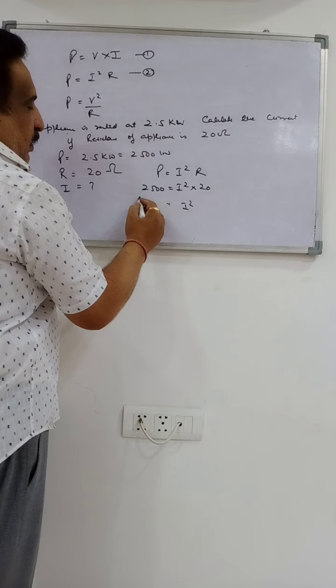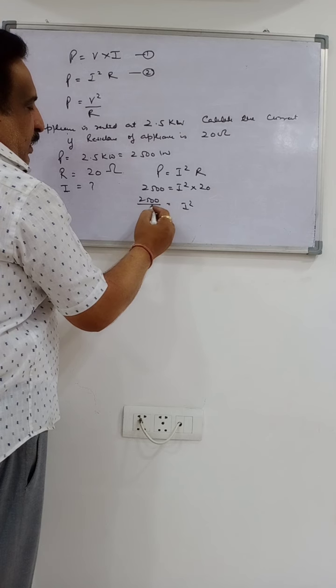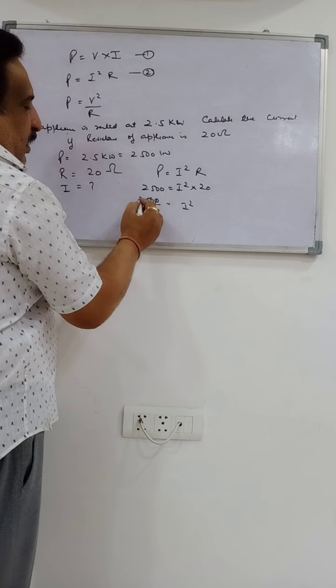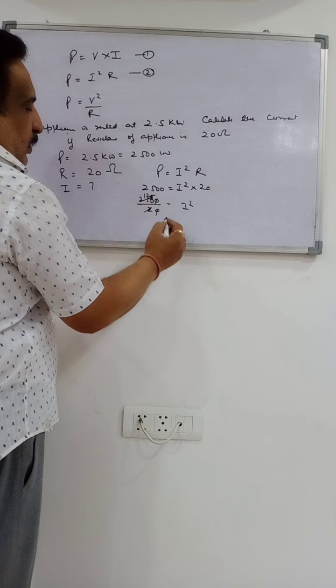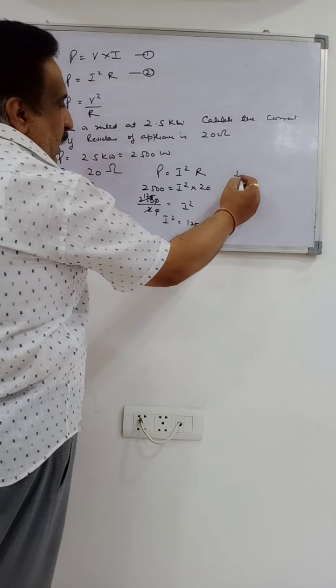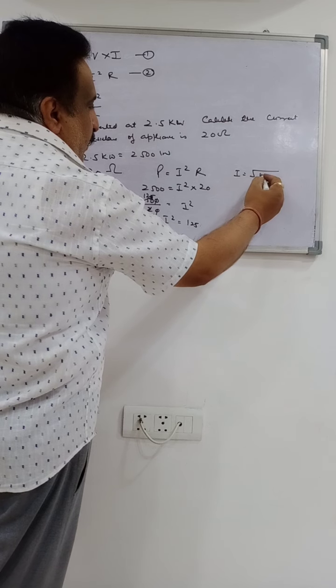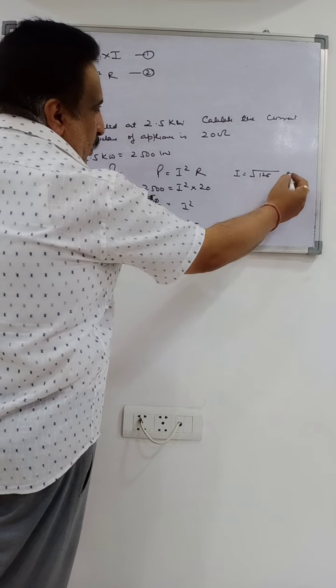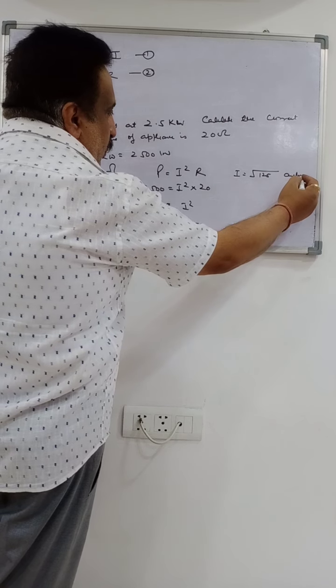So I square will be 2500 upon 20, that is 125. So I square is equal to 125, or I is equal to square root of 125. That will be in amperes. You can solve it, okay?